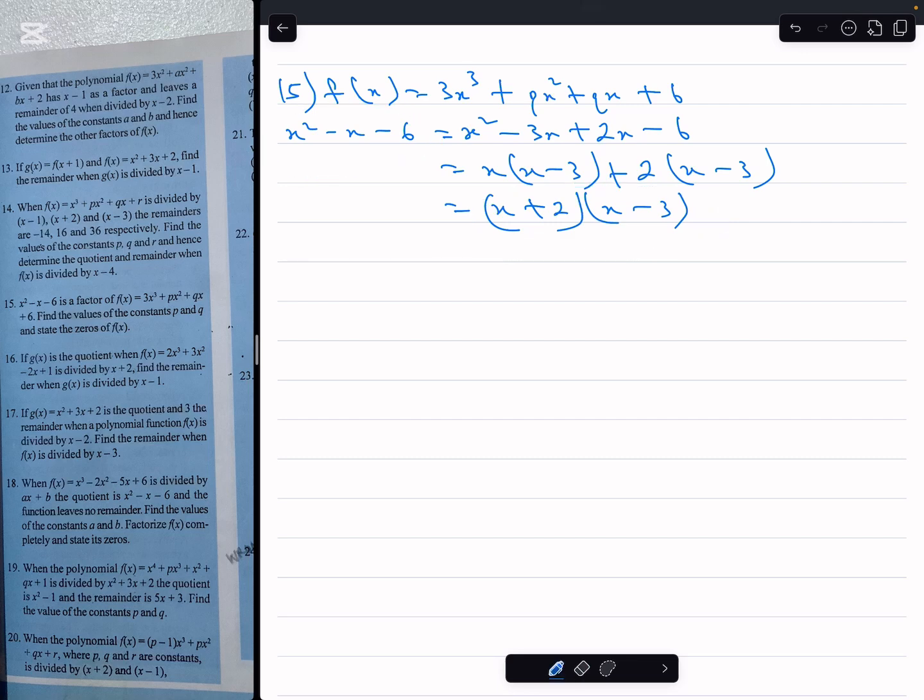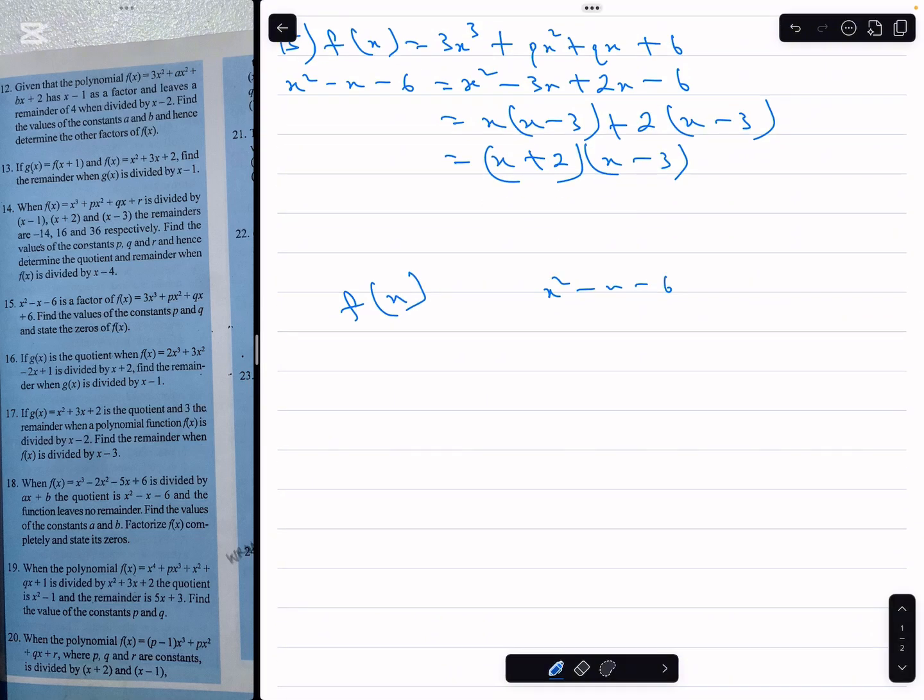So this is the idea. If x squared minus x minus 6 is a factor of the polynomial f of x, that simply means if you divide the polynomial f of x by x squared minus x minus 6, the remainder will be 0. It's just like saying 4 is a factor of 12. So when you divide 12 by 4, there will be no remainder, and that's the same as saying the remainder is 0. The answer will be 3 and the remainder is 0.